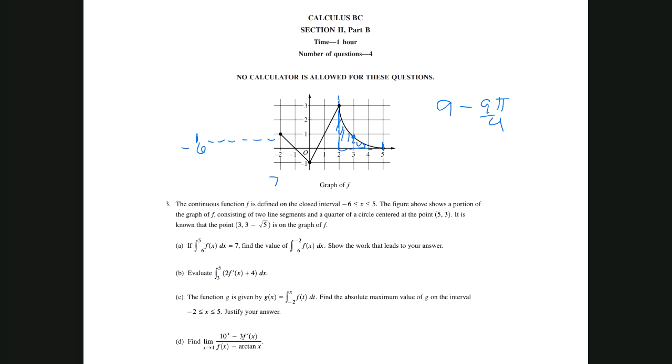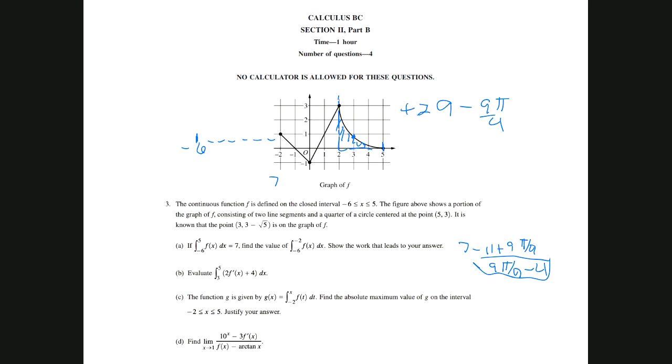Okay, so I think I ended up with 7 minus 11 plus 9 pi over 4, something like that. So I ended up with 9 pi over 4 minus 4 for my total answer. Because all of this was 2.